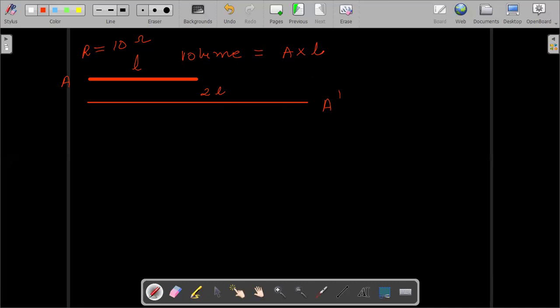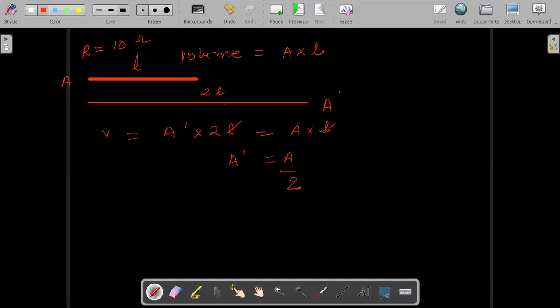So this volume will still remain the same. The volume won't change. So the volume of the wire after stretching will be equal to A dash multiplied by 2L. And this should be equal to the original area multiplied by length. So L and L cancel from both sides. You get A dash, the new area, equal to A by 2.